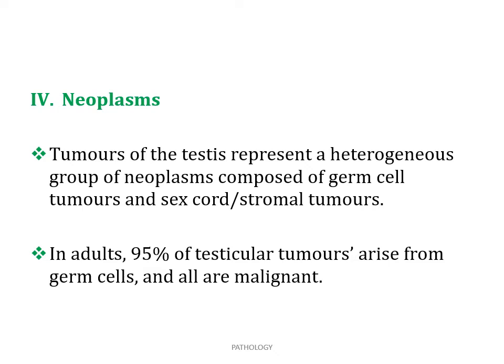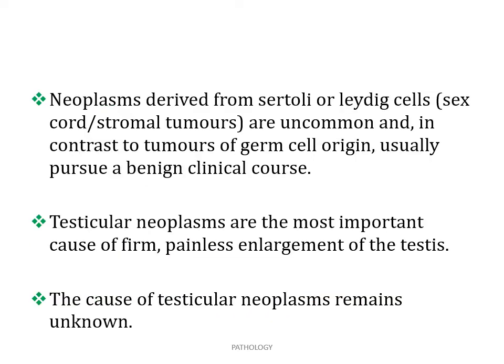In adults, 90% of testicular tumors arise from germ cells, and these are malignant, not benign. Neoplasia derives from Sertoli or Leydig cells, of course, these are sex cord stromal tumors.